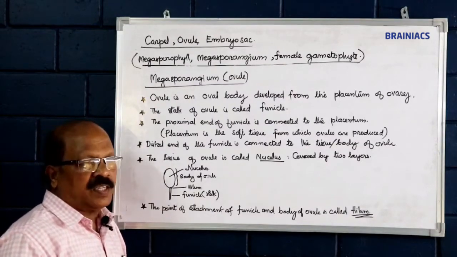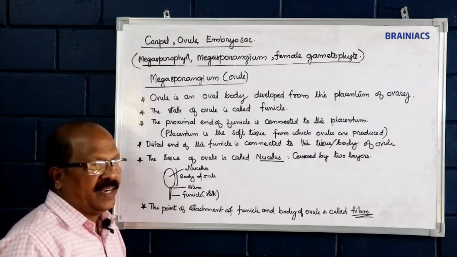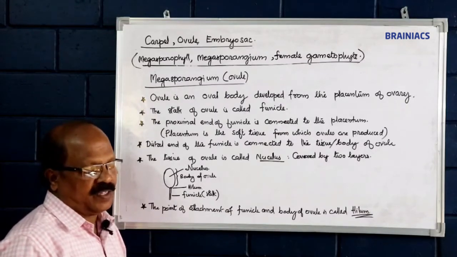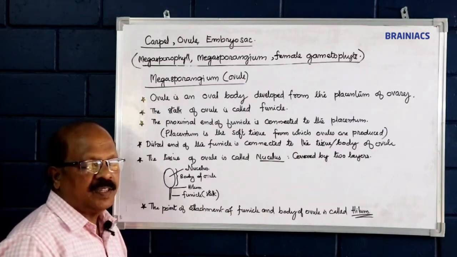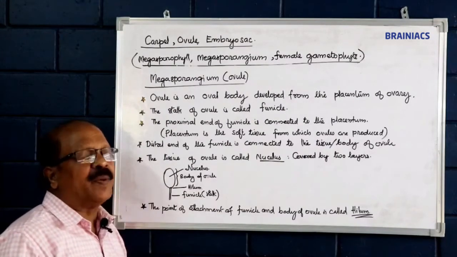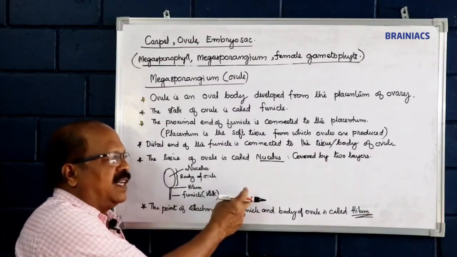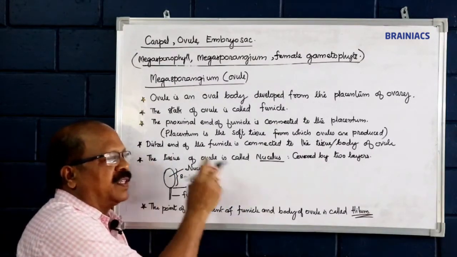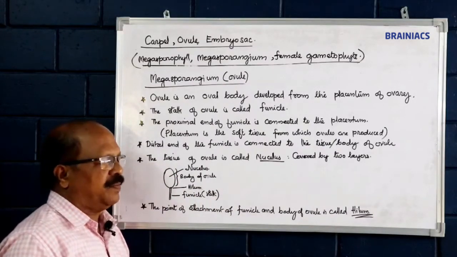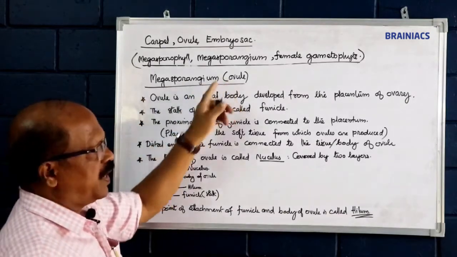So the nucellus is the tissue of the ovule which is covered and protected by two layered covering called outer and inner integuments, which later become the testa and tegmen part of seed coats. So ovule becomes seed, then covering becomes seed coat. And that is the general account of megasporangium.